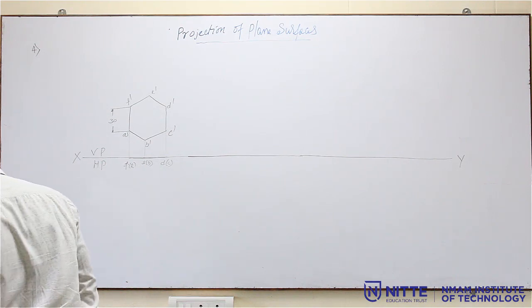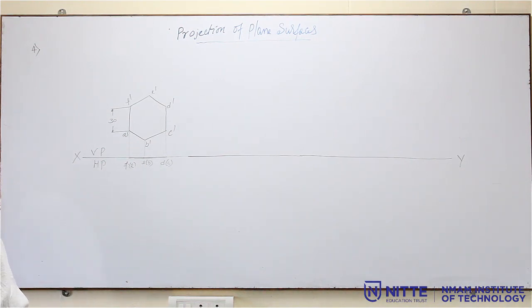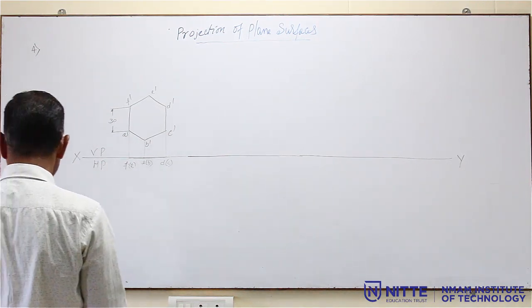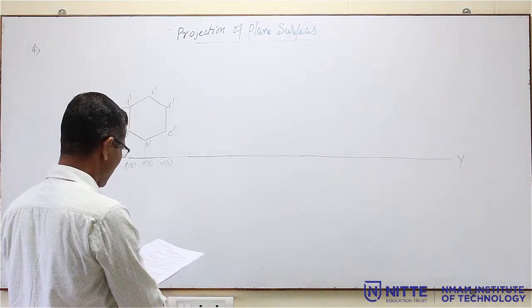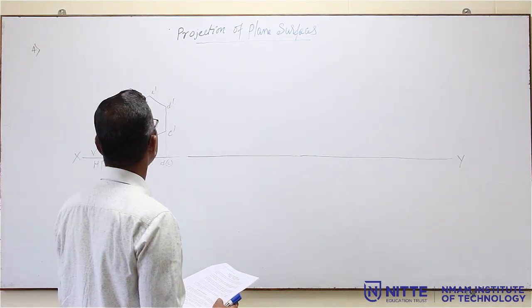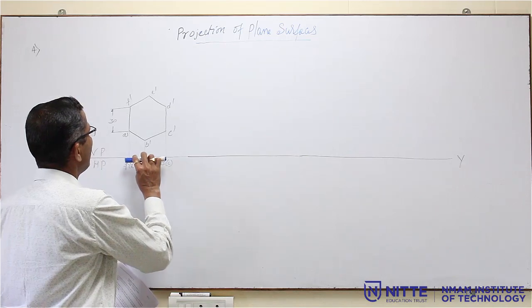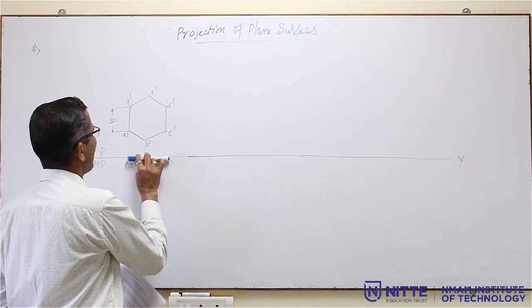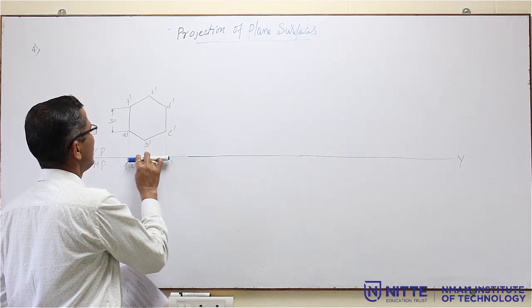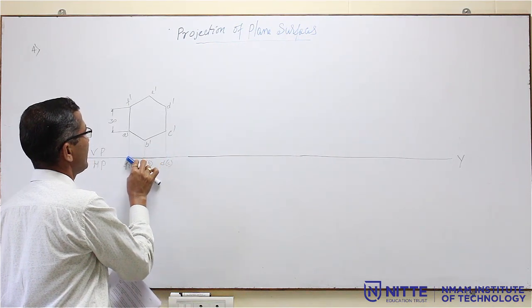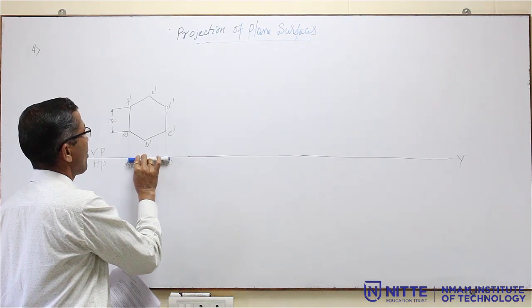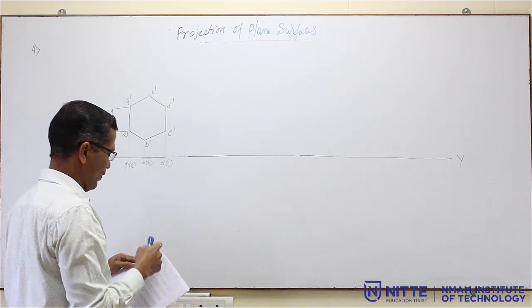Now, the second step is the surface is inclined at 45 degrees to it. That means 45 degrees to VP. So, you have to give the inclination here like this. You have to rotate this top view at an angle of 45 degrees.